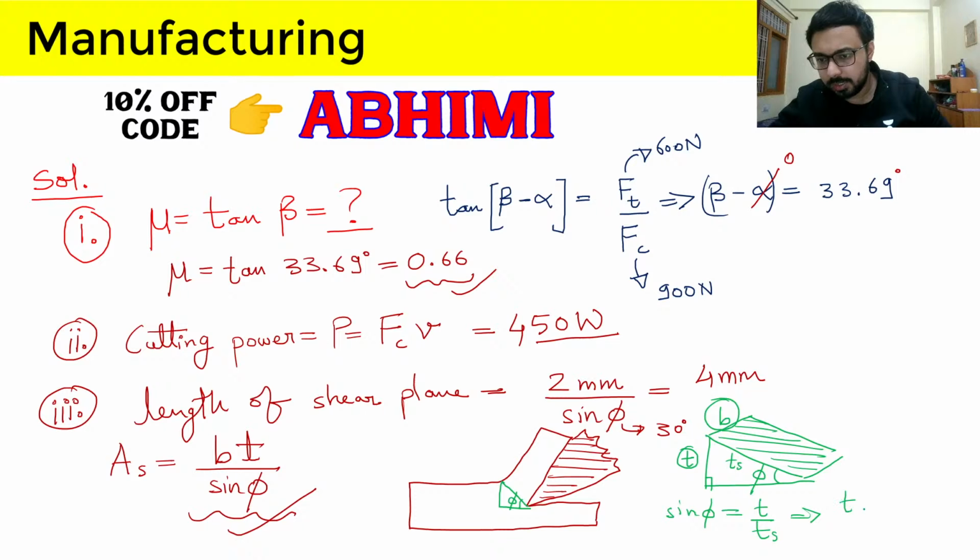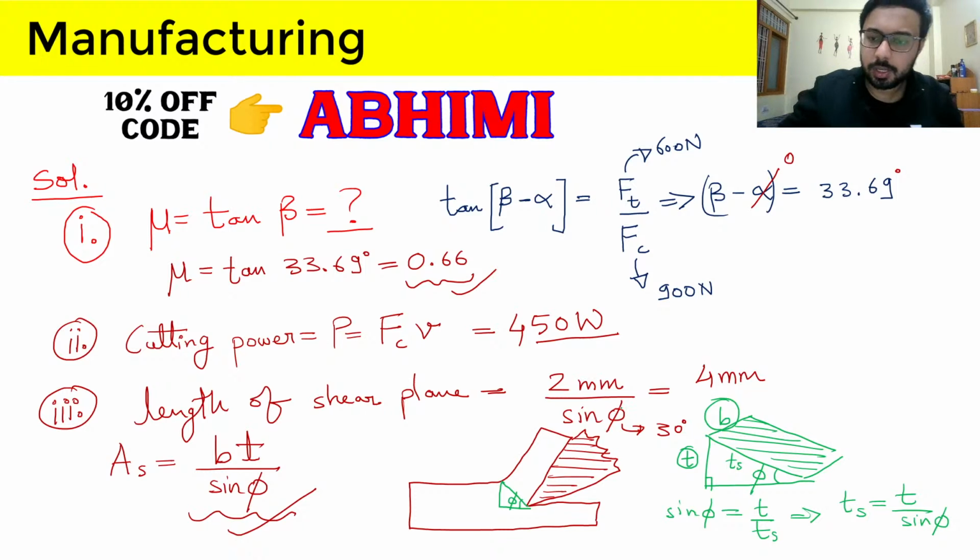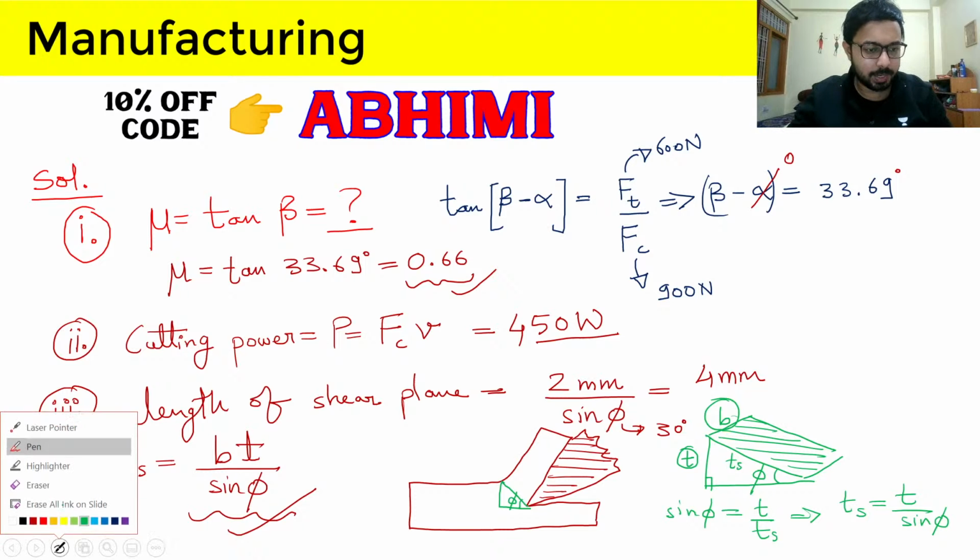From here we can say ts will be t by sine phi, which will be greater since this is the hypotenuse in this right angle triangle, and we will multiply this with width, then we will get the shear plane area.